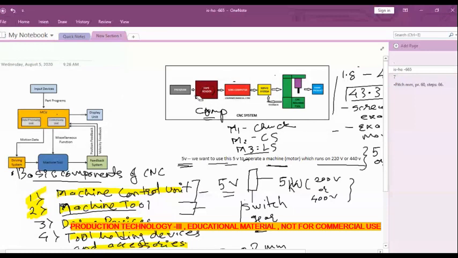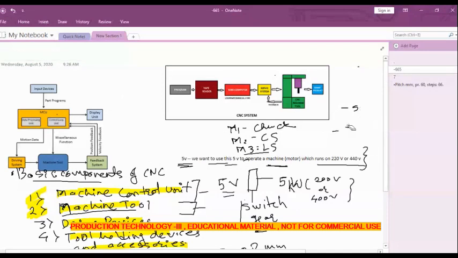If the control is not possible or the machine is without control, then we call it an open loop system. That means we don't know whether the given data is giving out the required number of steps or required dimension or direction of movement is made or not. That is called an open loop control system.